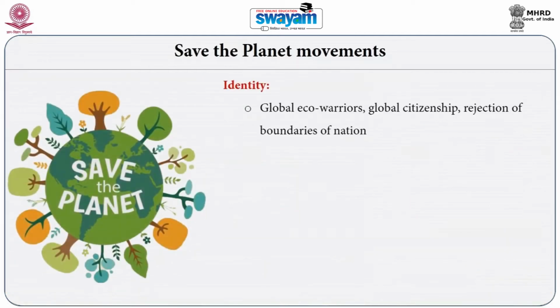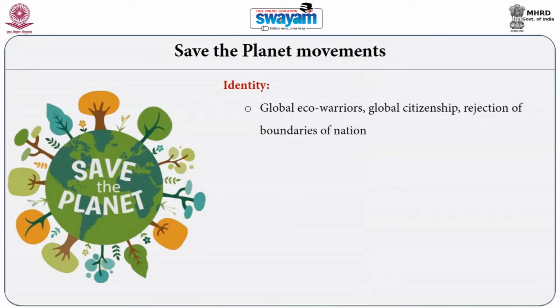What is the common identity that these movements frame, which helps in bringing people together for collective mobilization? The common identity is that of a global eco-warrior. The movement participants term themselves global eco-warriors, and their aim is to save the planet Earth.